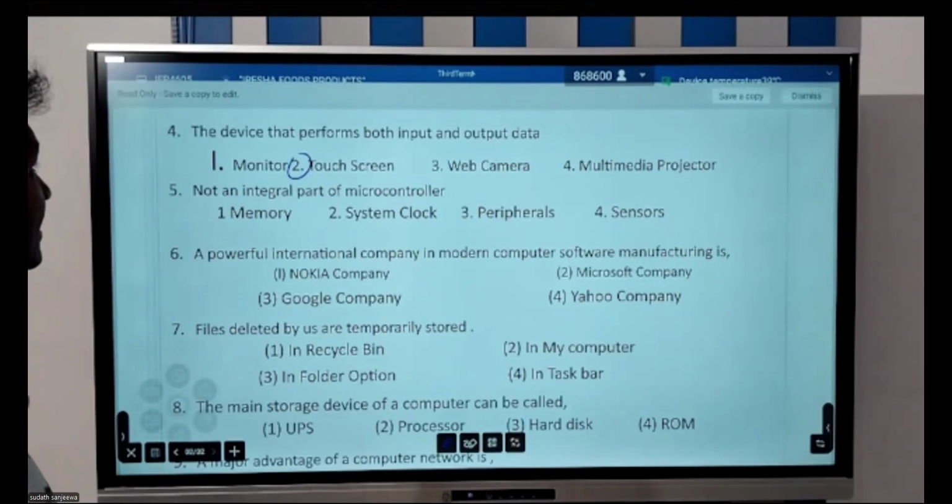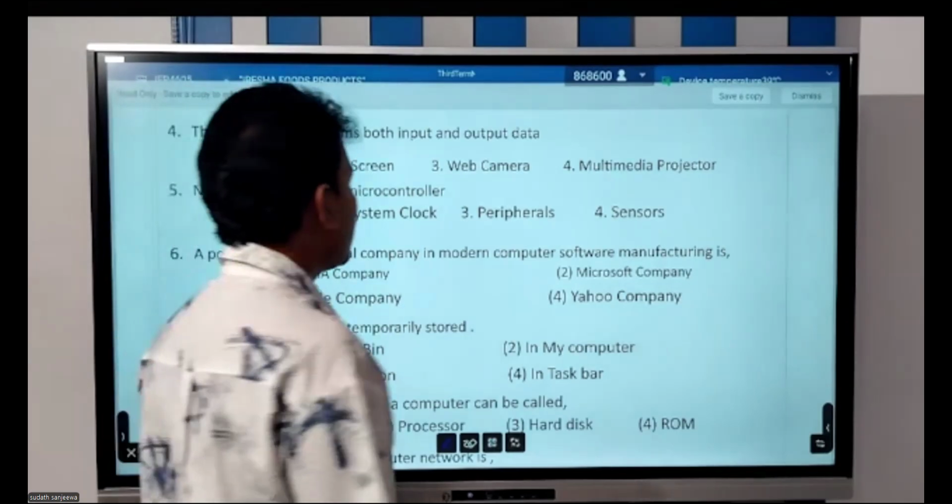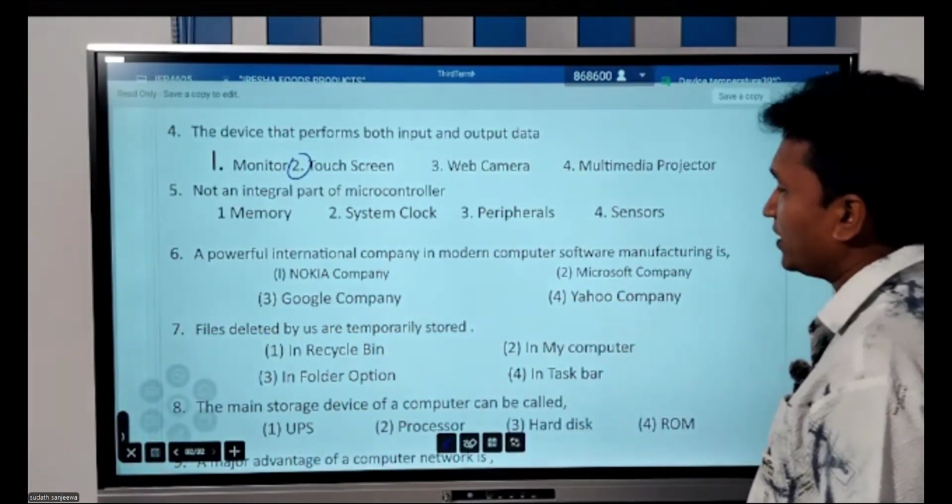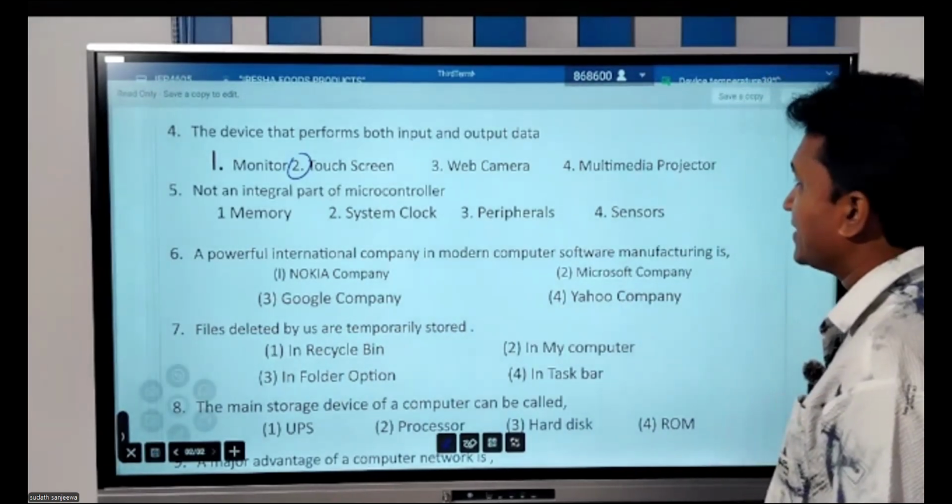Not an integral part of a microcontroller: memory, system clock, peripherals, sensors.